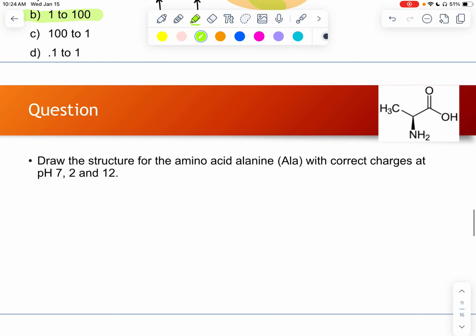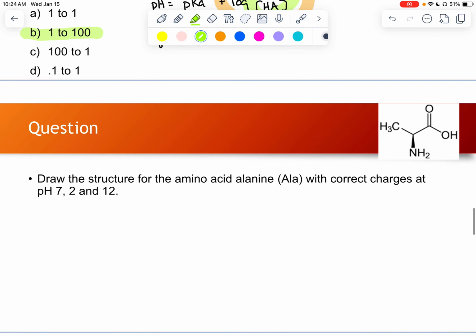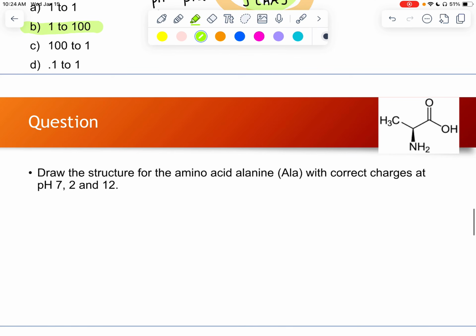All right. Take a minute and try this. Here we go. We want to draw the structure for the amino acid alanine with the correct charges at pH 7, pH 2, and pH 12. To do this, you'd have to look up your pKa values.